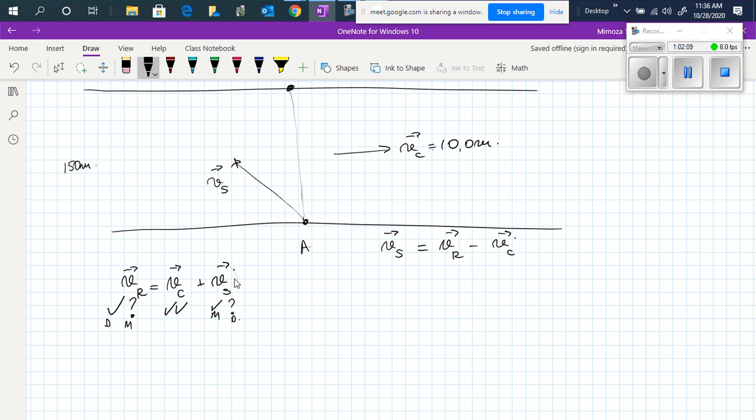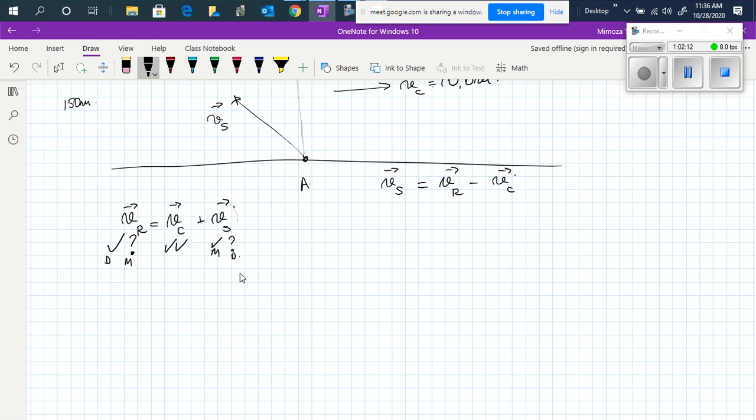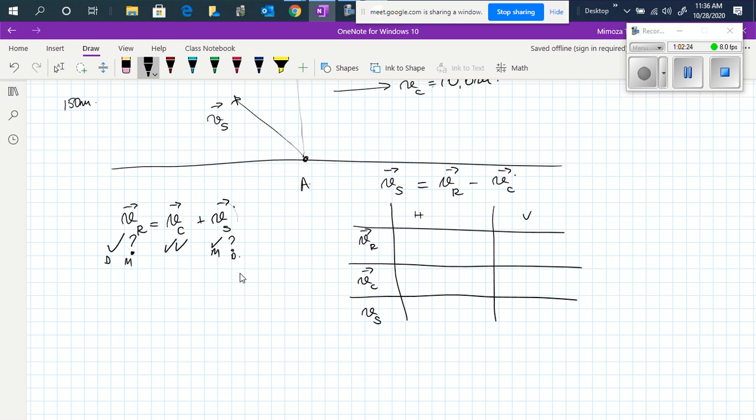Since we are dealing with 2D, what we do is we build the table of components. So horizontal, vertical, and then we have the resultant velocity, the current, and the velocity of the swimmer. The horizontal component of the resultant, since we know it will be in this direction, is 0, and the vertical is positive whatever the resultant is that we will find.